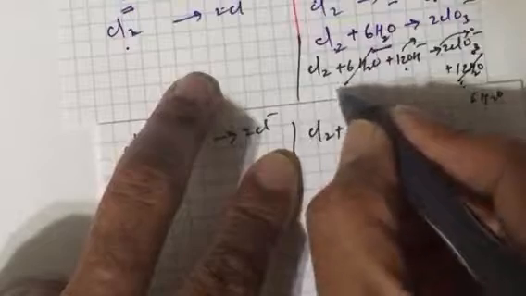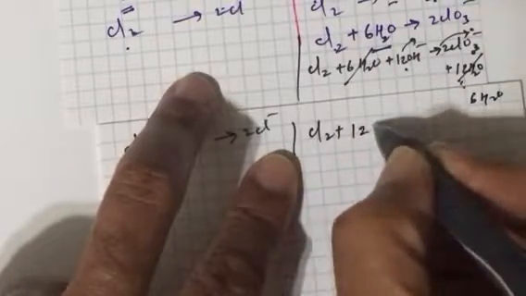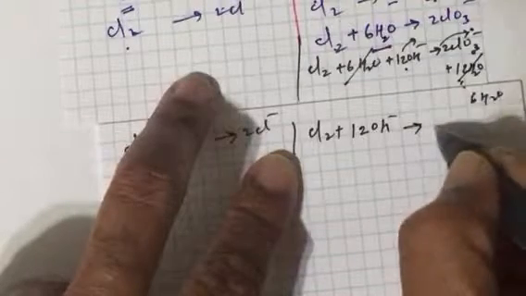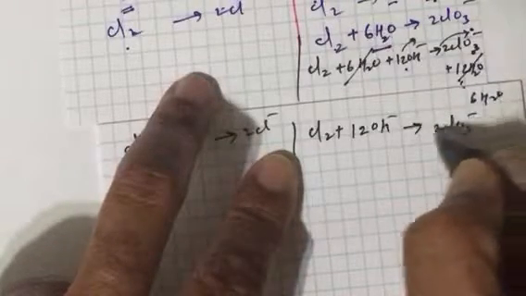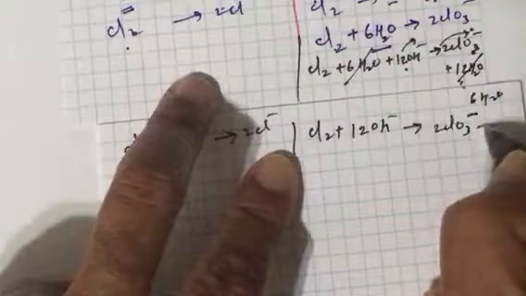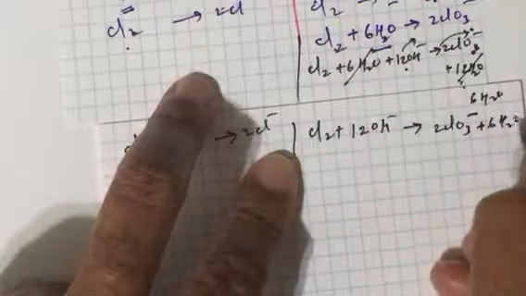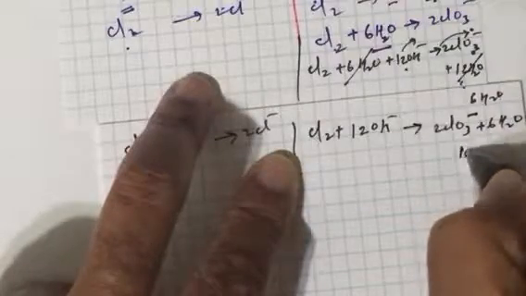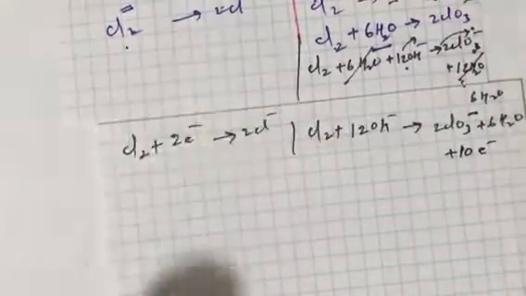Now what I do is Cl2 plus 12 OH minus. Here there are 12 minus, gives 2 ClO3 minus. Here there are only 2 minus and 6 waters. Because here I have 10 negative charges deficiency, I add 10 electrons.